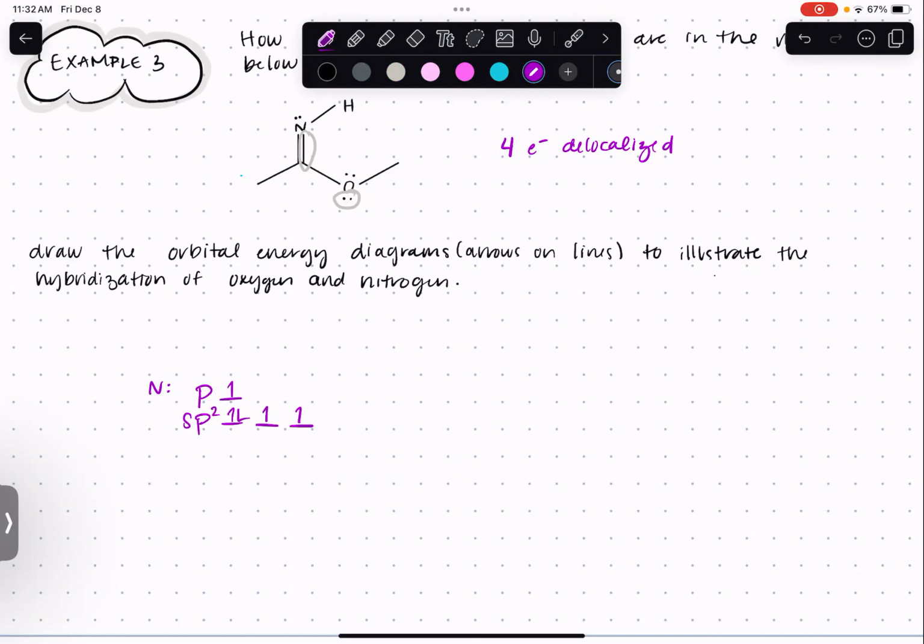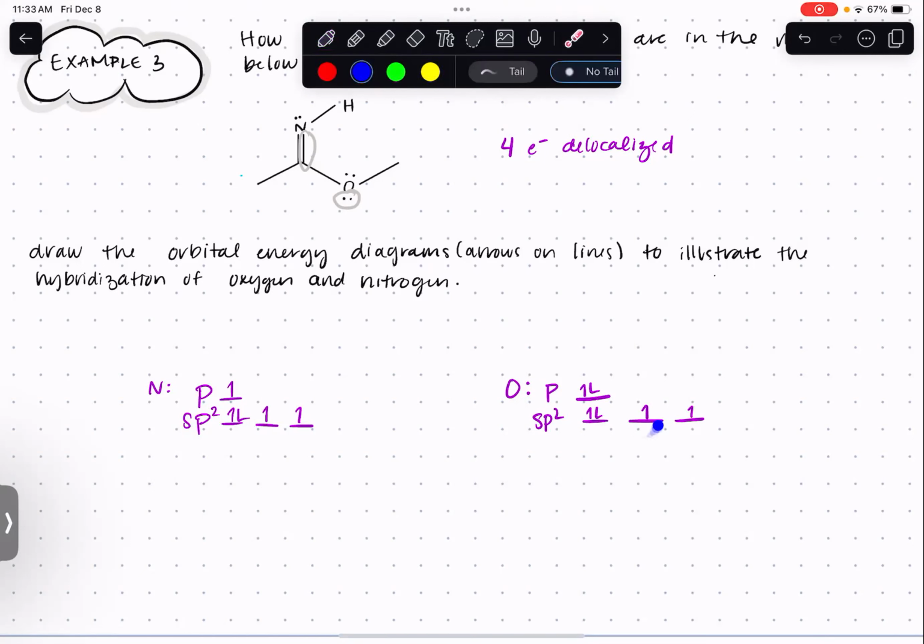Now, if we compare that to the oxygen, the lone pair on the oxygen is participating in resonance, so that lone pair is going to be in that p orbital. And then this oxygen is also sp2 hybridized because of that. And one of those sp2 orbitals is going to have 2 electrons and the other 2 will have 1.